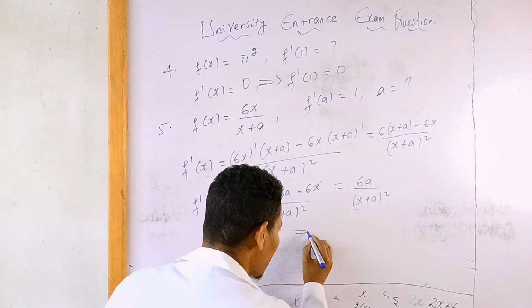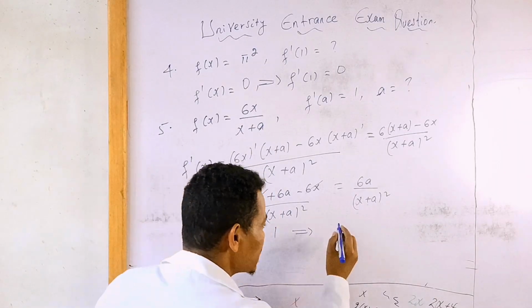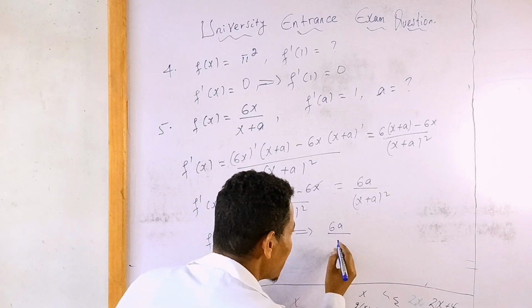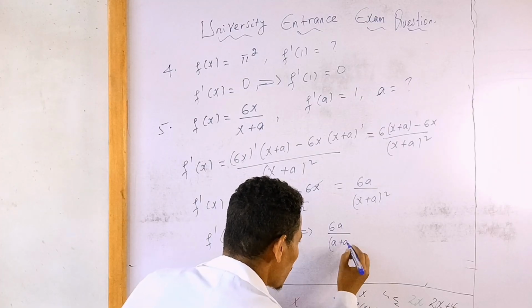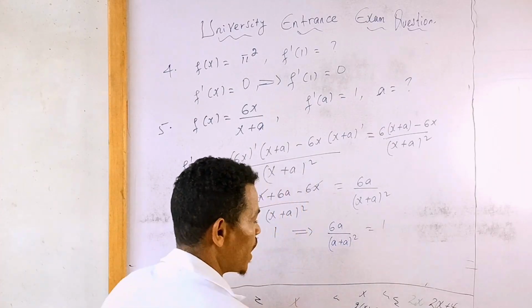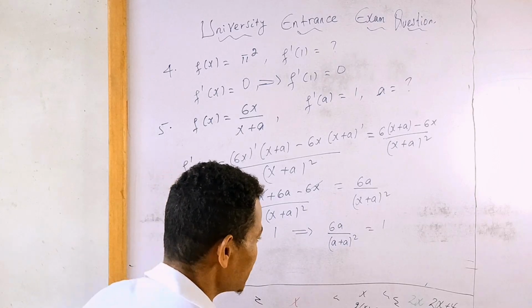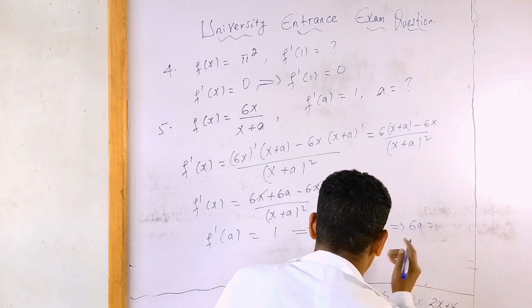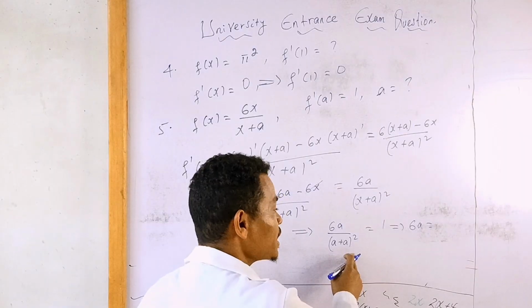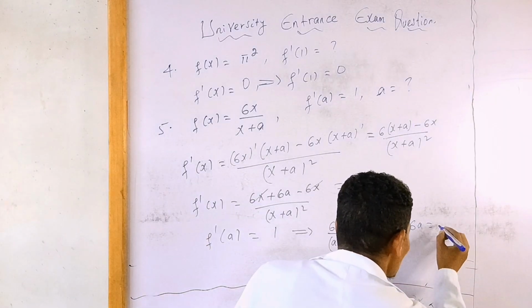F derivative at a, this implies 6a over a plus a the whole square, is equal to 1. That is, a plus a is 2a, squared is 4a square.